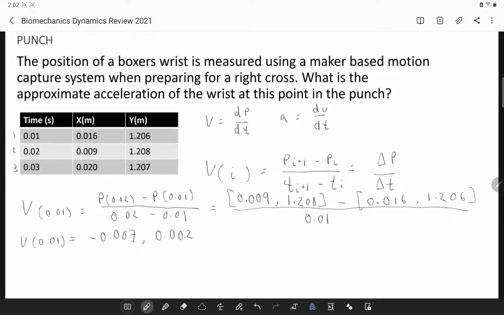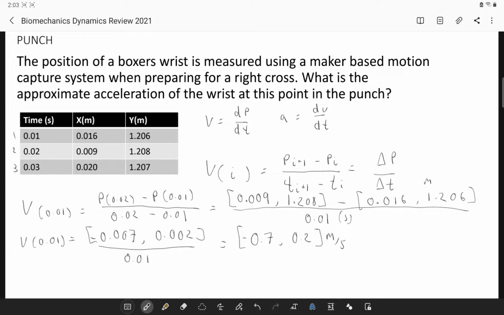Of course, all of that is going to be divided by our 0.01, so we're going to move the decimal places forward 2 on each of those. So we're going to say negative 0.7, comma 0.2, and that's going to have units of meters per second. Notice that all these ones on the top are in meters, and this time difference at the bottom is in seconds, so it gives us meters per second. So that gives us our velocity for the first time period.